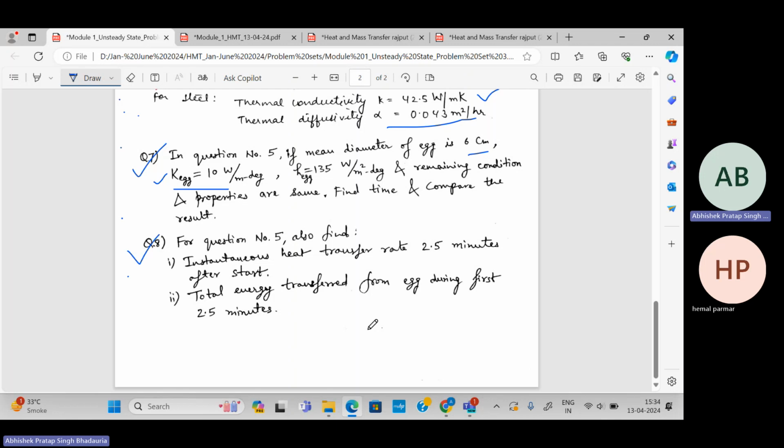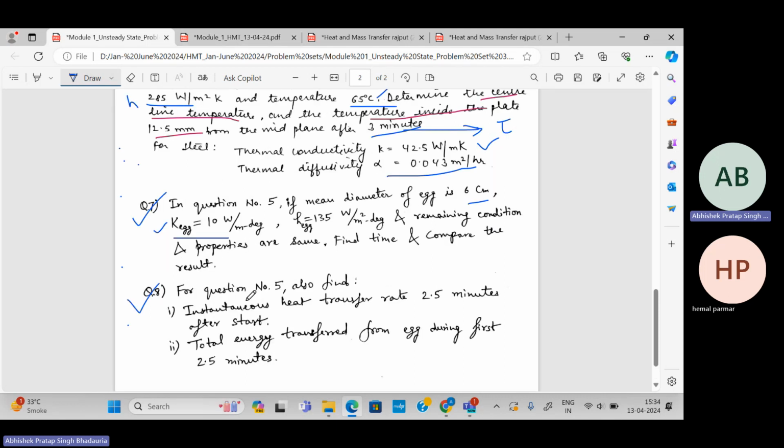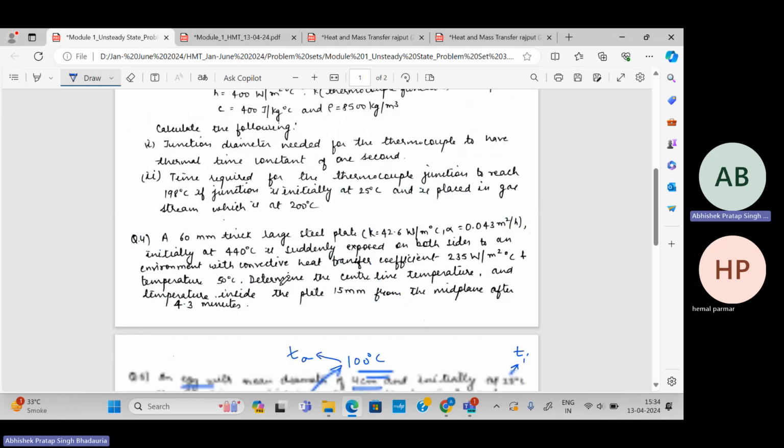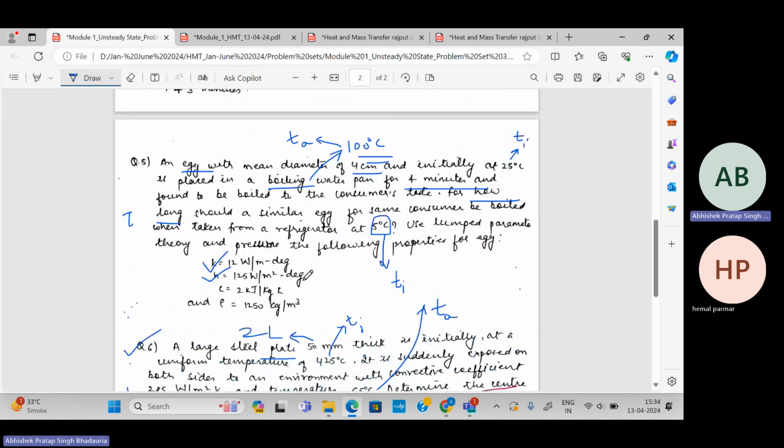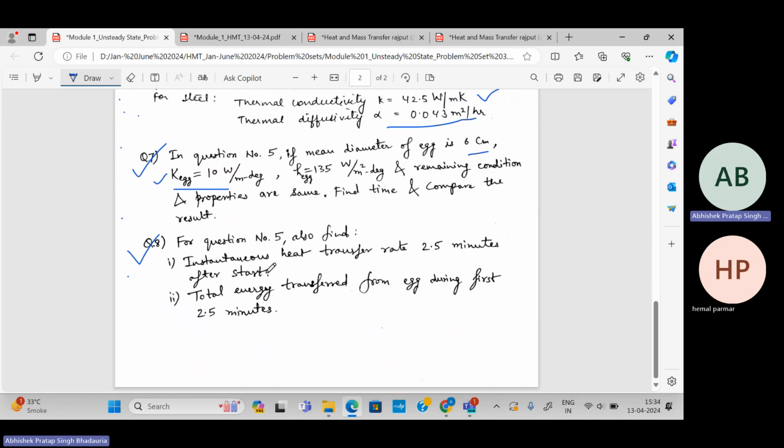So very simple. All the parameters are given in the problem itself. For all the data given in problem 5, we have to find the instantaneous heat transfer rate 2.5 minutes after start, and then the total energy transferred from the egg during the first 2.5 minutes.